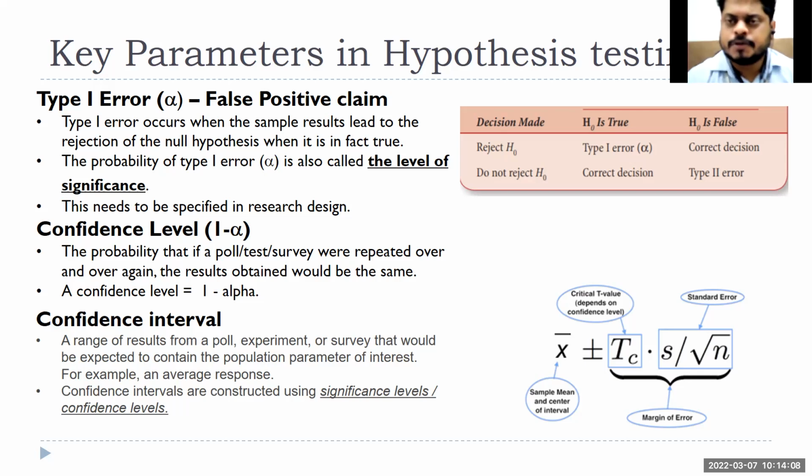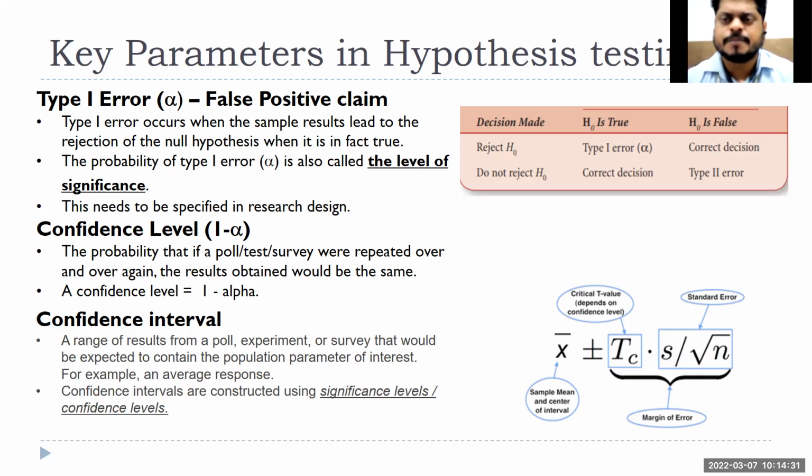Sometimes we'll also talk about something called confidence interval. It is not confidence level. There are two different concepts: confidence level and confidence interval. But first, you have to define your confidence level. An easier way to remember it: you take a test, like CAT or math, and people ask how much you will score.